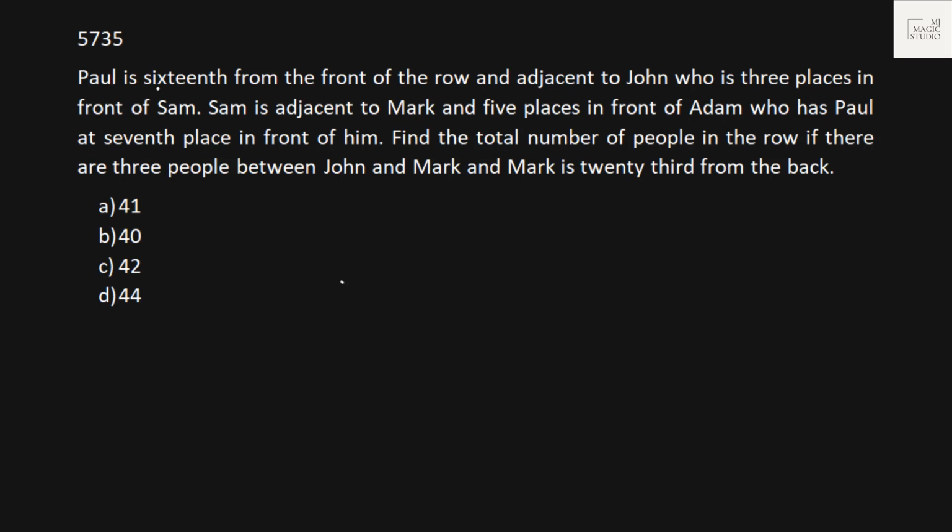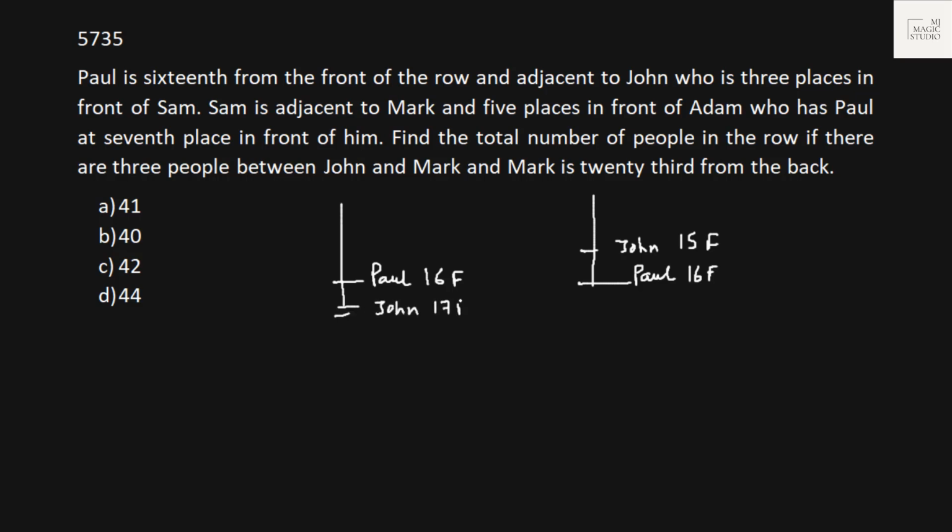Okay, here Paul is 16th from the front of the row. We have got Paul at 16F and adjacent to John. So we can have two cases. John is here at 15F or John is at 17F. John is 3 places in front of Sam.